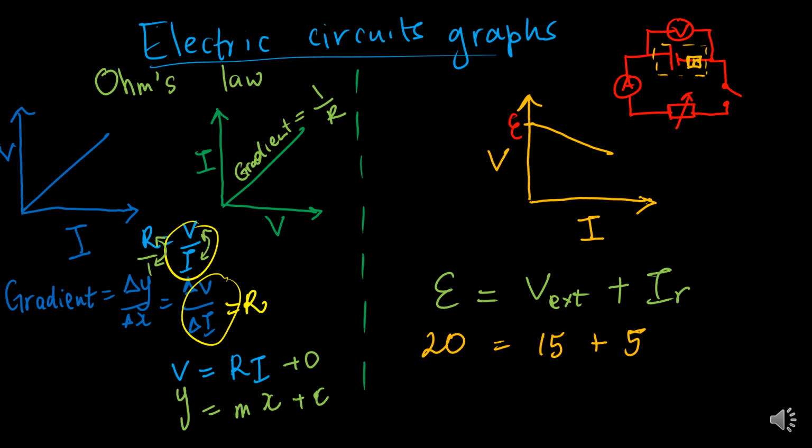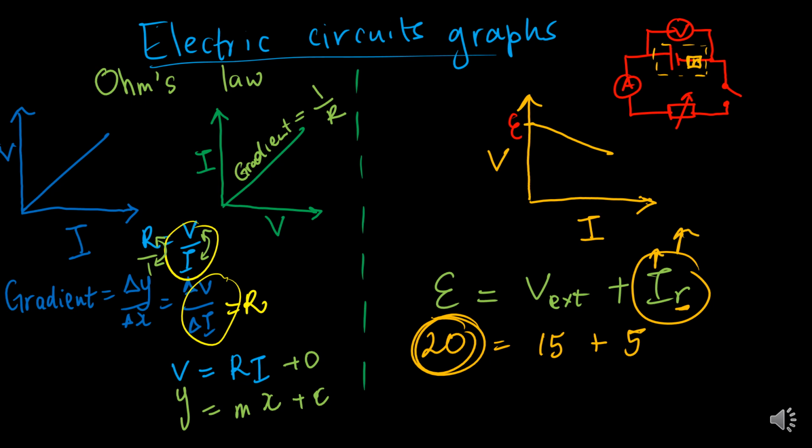So let's say that situation is happening. This is still fixed because I'm still using the same battery. If I change the current, I haven't changed the battery, so the internal resistance is still the same, right? But if I increase the current by decreasing the resistance, that means that the product is going to increase as well, right?